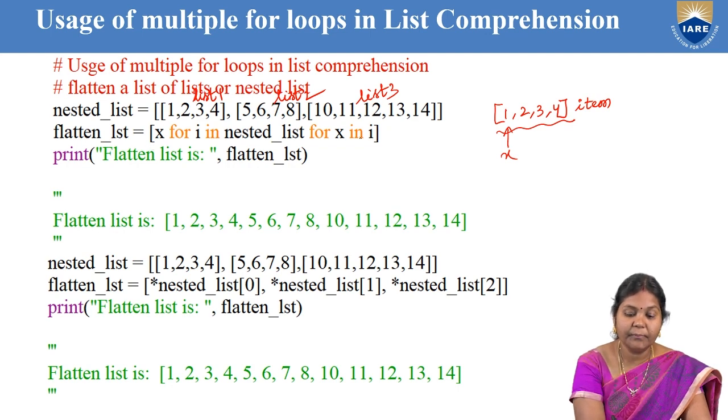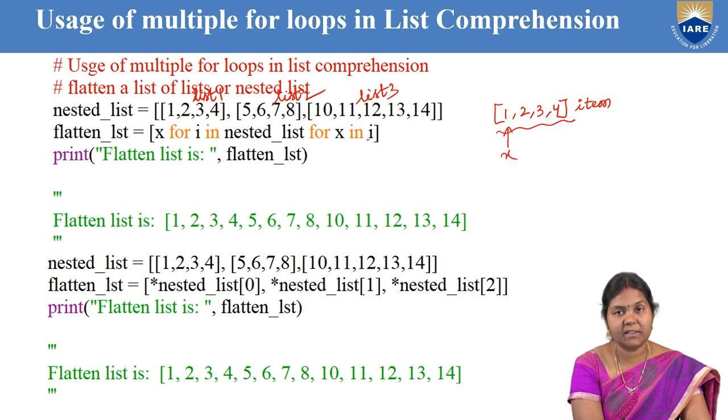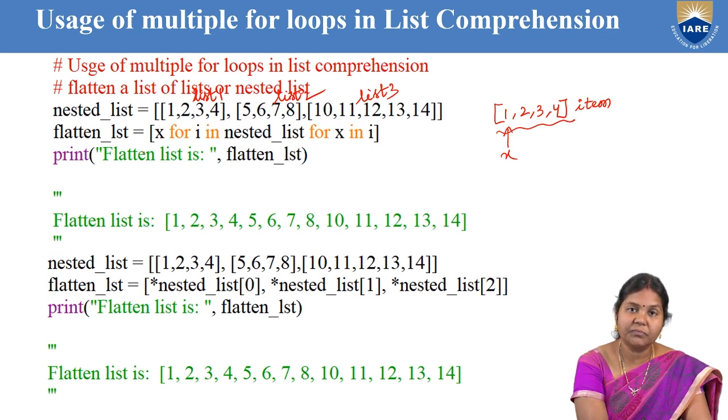That means you have to prepare a list using multiple for loops. So, for every item from the nested list, again from that item, take every value x and store it into this flattened list.